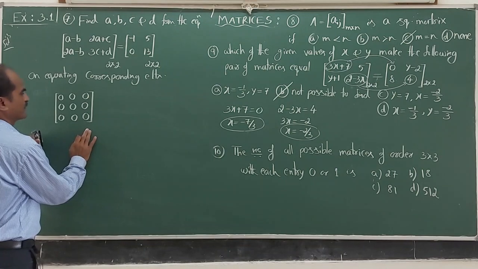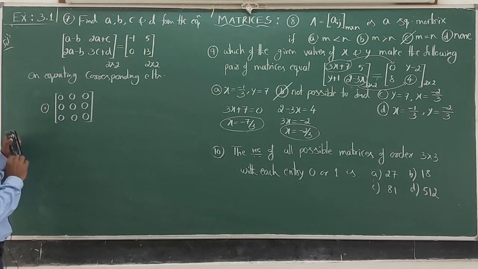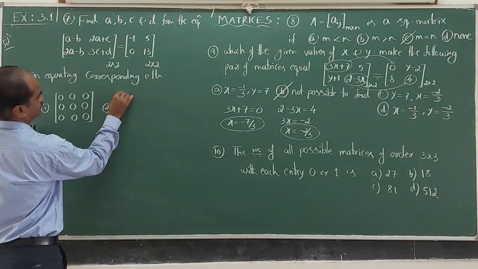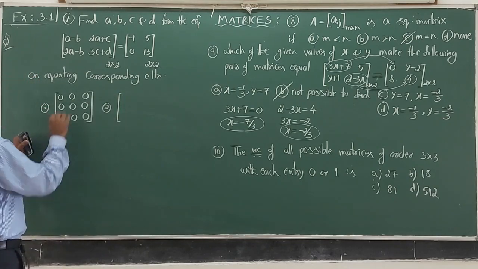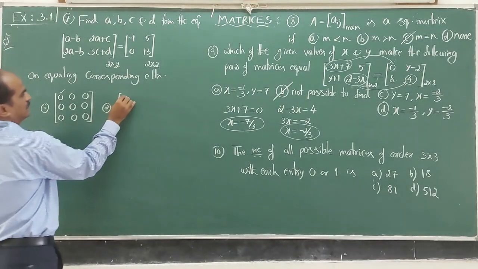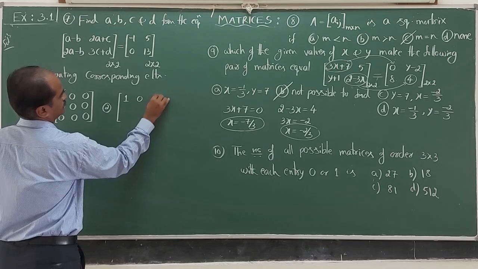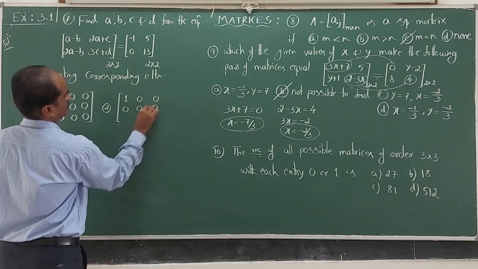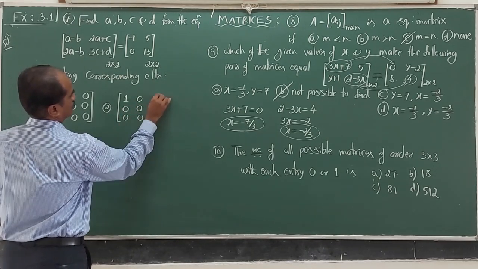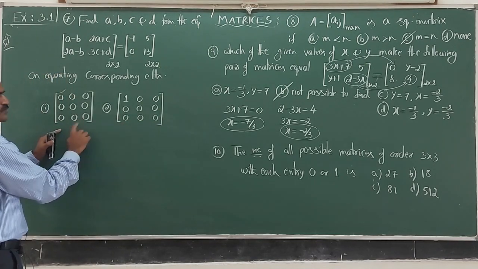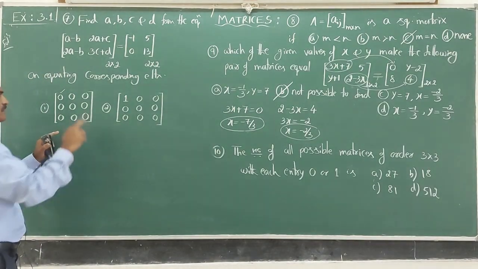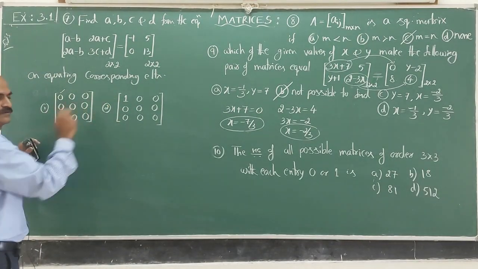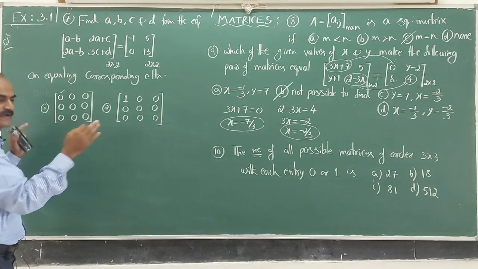So this is one of the possible matrices. Let me construct one more. I will change one element. So I will replace with 1. Definitely these two matrices are different because their corresponding elements are not equal.